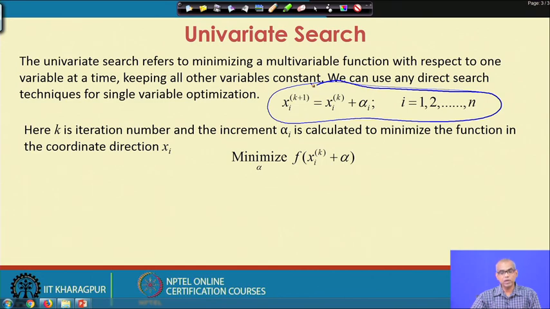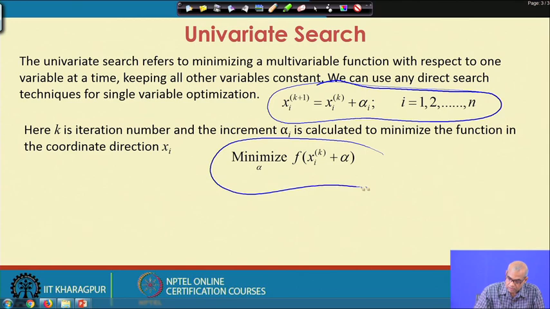Now, how do you calculate the increment alpha? That can be calculated by solving a minimization problem, where you are minimizing f of x I at kth iteration plus alpha, and your decision variable for this minimization problem is alpha.